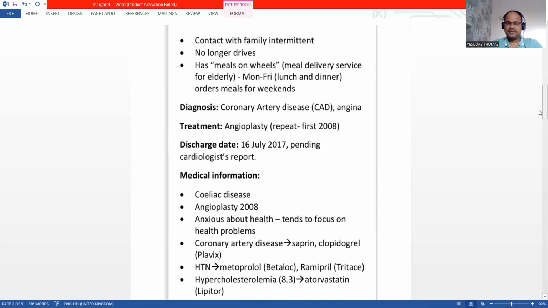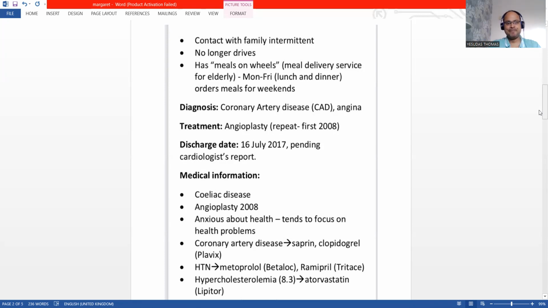Now the coronary artery disease, CAD, we have to say somewhere. Angioplasty, repeat, this is something we need to say here. Discharge, that's tomorrow. We are writing the dates. One date is 15, another date is 16.